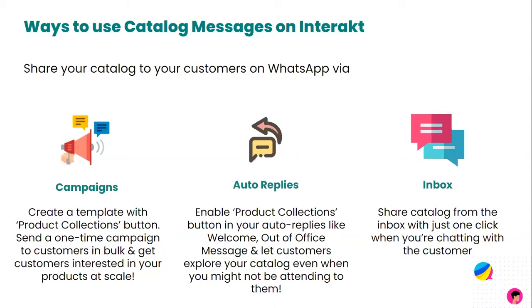When the customer receives the message and clicks on the button, they browse and explore your catalog. In the same fashion, you can enable a button in the auto replies, in the welcome message, in the out of office message, or a delayed response message. The third option is to share the catalog directly from the inbox with the customer when you're chatting with the customer one by one.